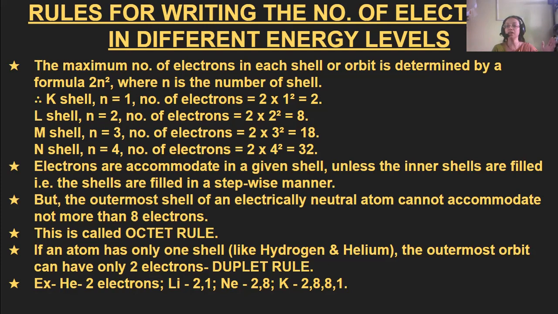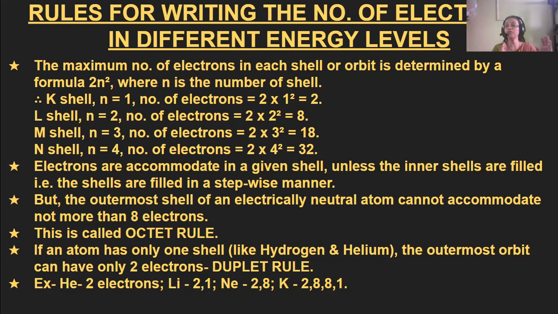Then the third shell, M shell, n is equal to 3, and the number of electrons will be 2 into 3 square, that is 2 into 9, that will be 18. At the most, 18 electrons can be present in the third shell. Then the N shell, the fourth shell, n is equal to 4.